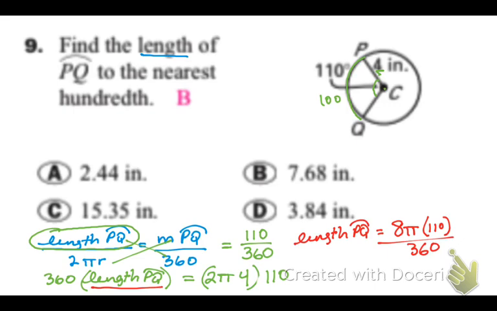Okay, and if you work all that out, this is equal to 7.68. So the arc length of PQ is equal to 7.68 inches.